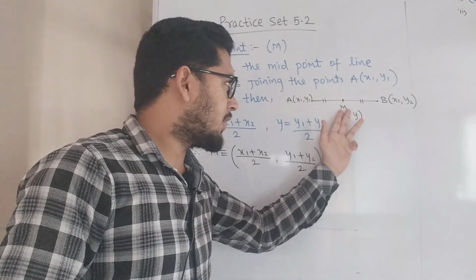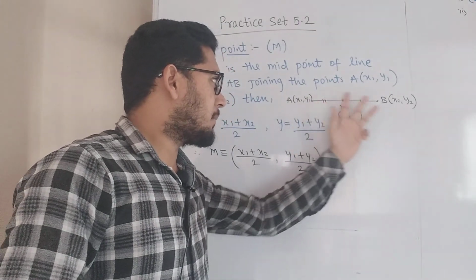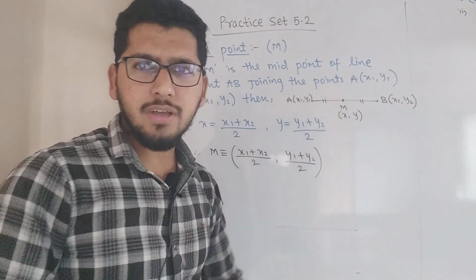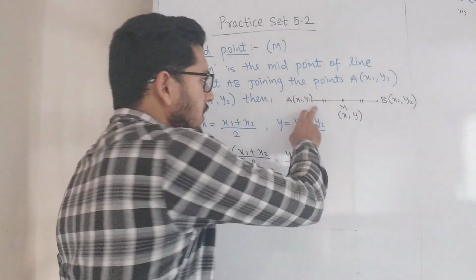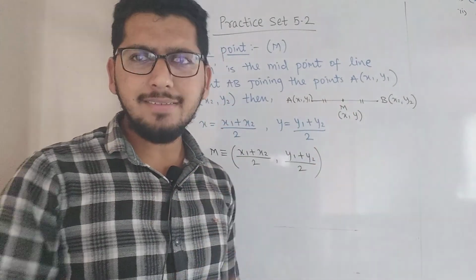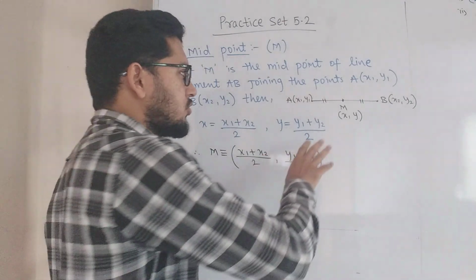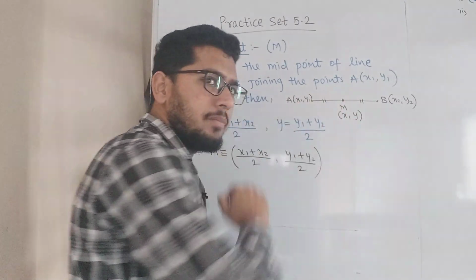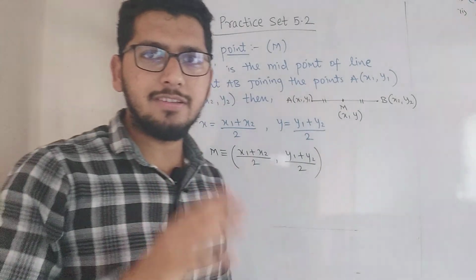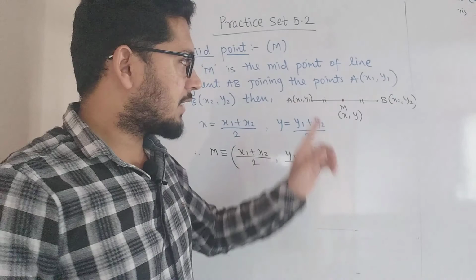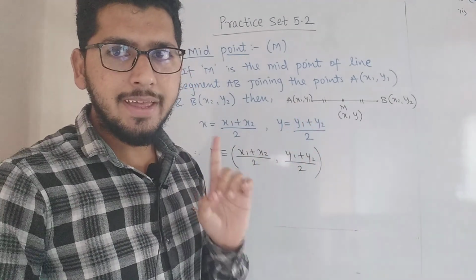If M is the midpoint, then this M divides the segment AB into equal parts, AM और MB. AM और MB का रेशियो क्या है, इक्वल है. तो दोनों का रेशियो इक्वल है तो रेशियो आएगा ही नहीं, जो भी रेशियो रहेगा सेम रहेगा. सेम रेशियो मतलब कैंसल आउट होगा. So there will be no ratio written here. So AM and MB, these two parts are equal because M is the midpoint. So m and n are the same, that means m and n are equal. So no ratio will be given here.